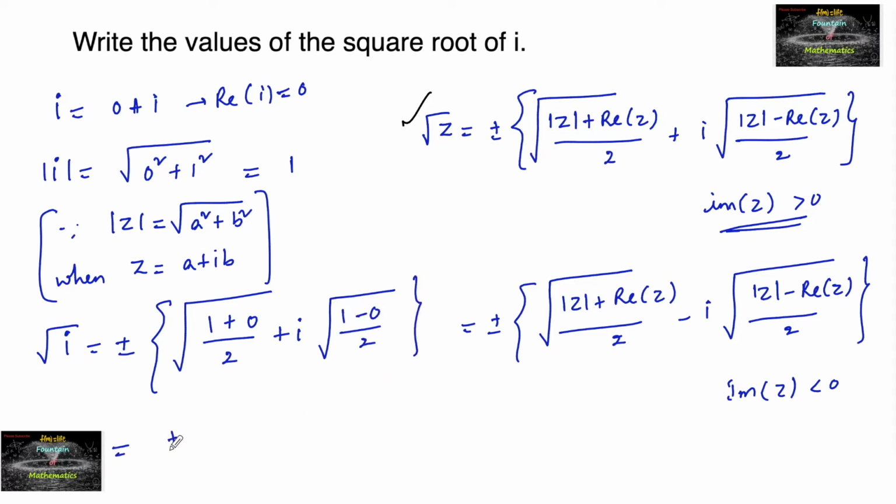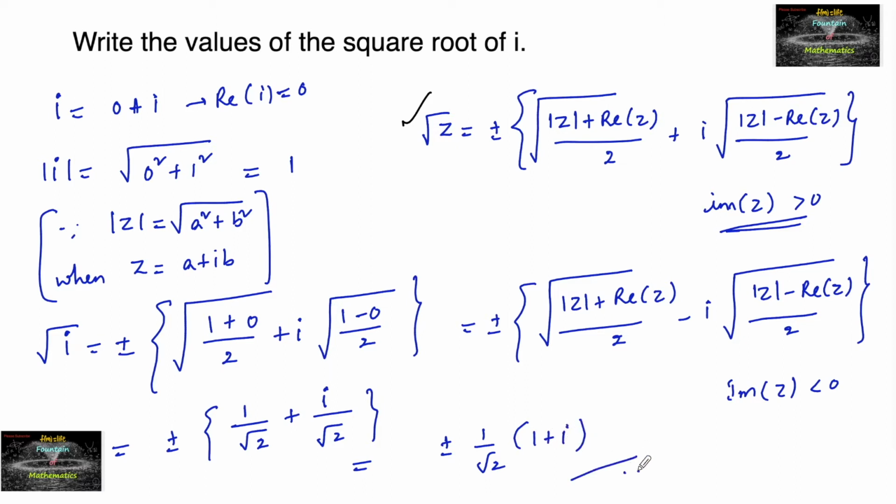So we can write this as plus or minus 1 upon root 2 plus i upon root 2. Taking 1 upon root 2 common, we have 1 plus i. Therefore the square root of i is nothing but plus or minus 1 upon root 2 of (1 plus i).